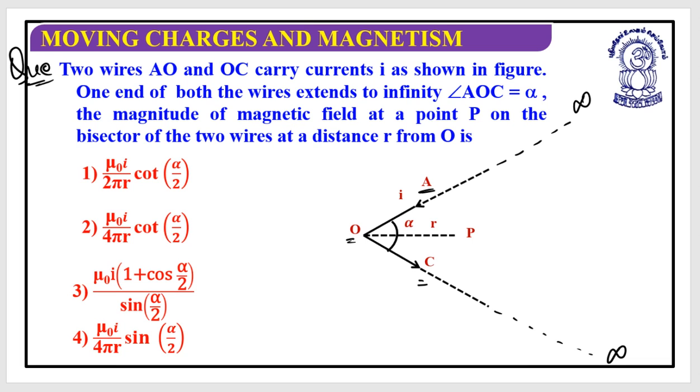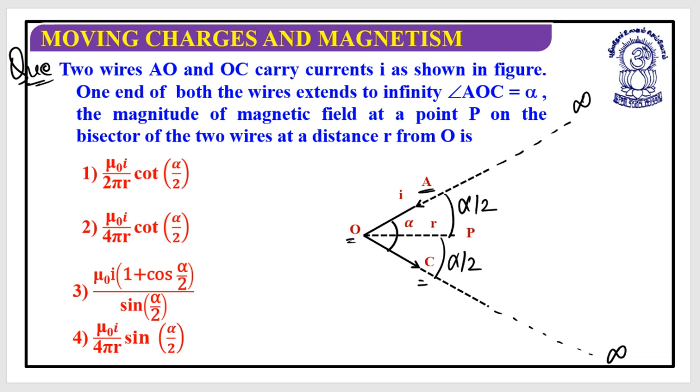Okay, the magnitude of magnetic field at a point P on the bisector. Okay, great. So this should be alpha by 2. Even this should be alpha by 2. At a point P on the bisector of the two wires at a distance r from O is.